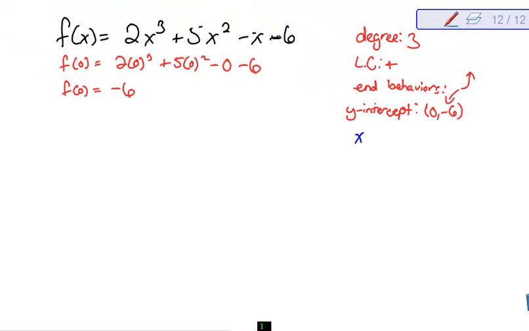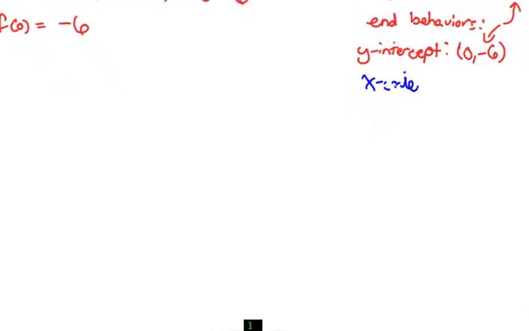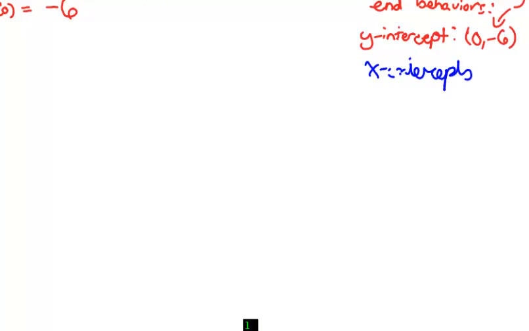I don't have my x-intercepts. So I need to find out what my x-intercepts, or my zeros, are. How I'm going to do that is using synthetic division. So I know that I'm going to pull off a 2, a 5, negative 1, and negative 6.